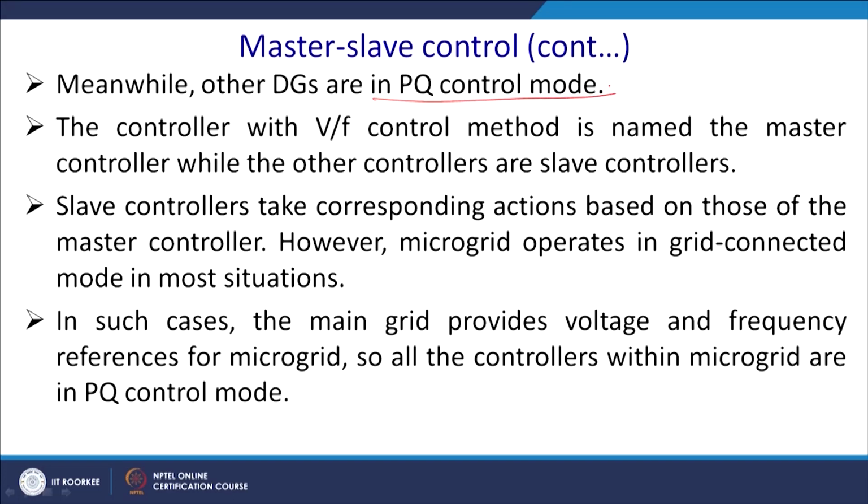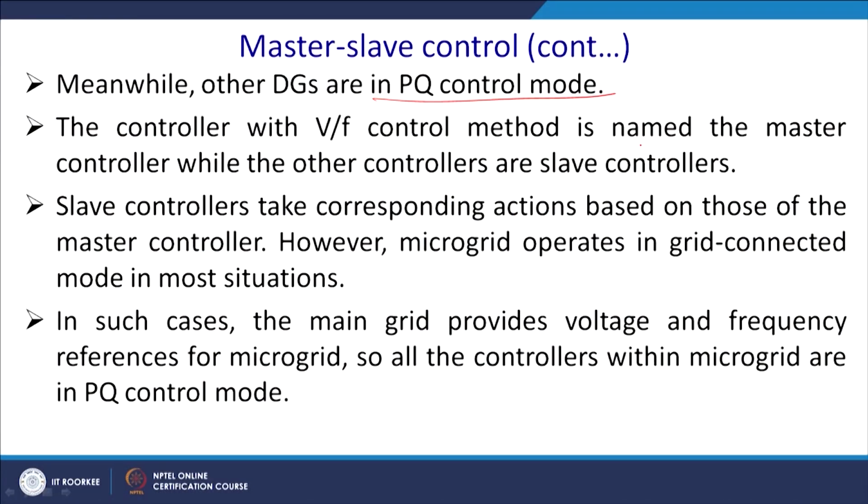And meanwhile, the other DGs are in a PQ control mode. So, they will actually inject the power, and since the main is V/F, the others will maintain the required reactive power and the real power in the system as desired by the V/F.